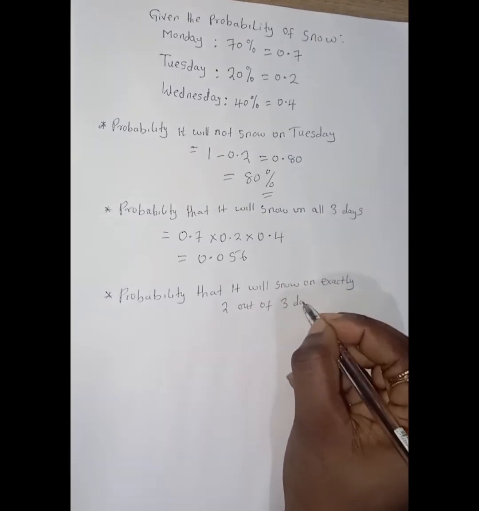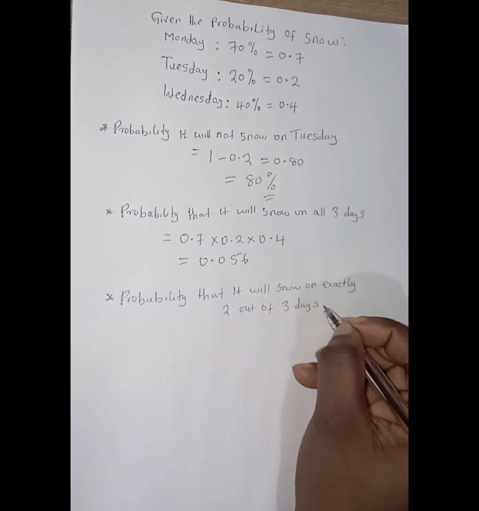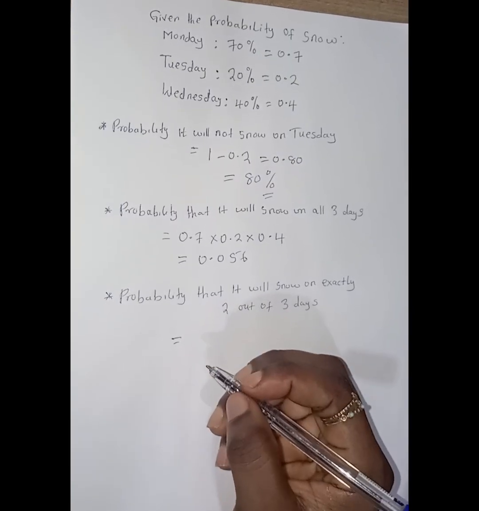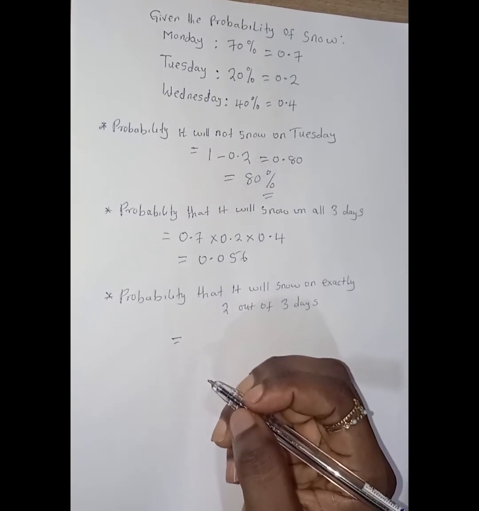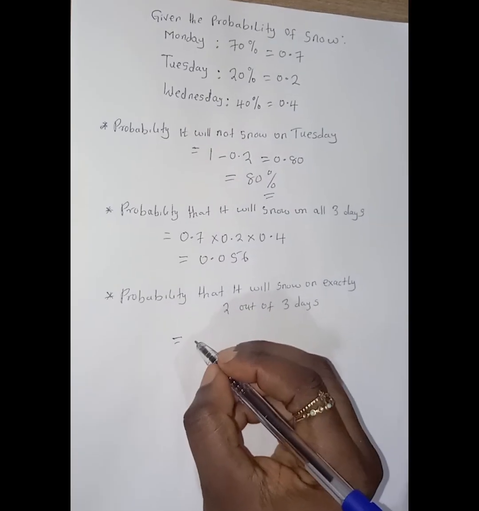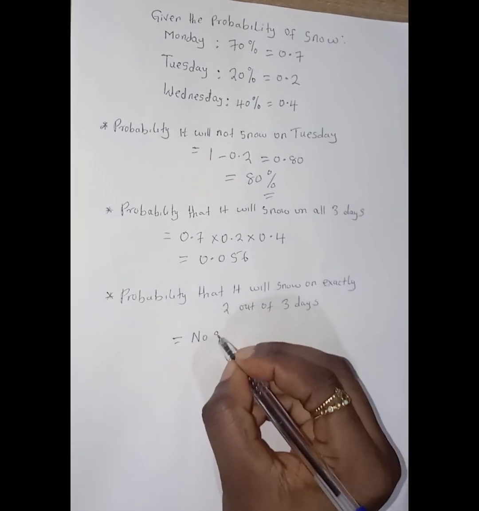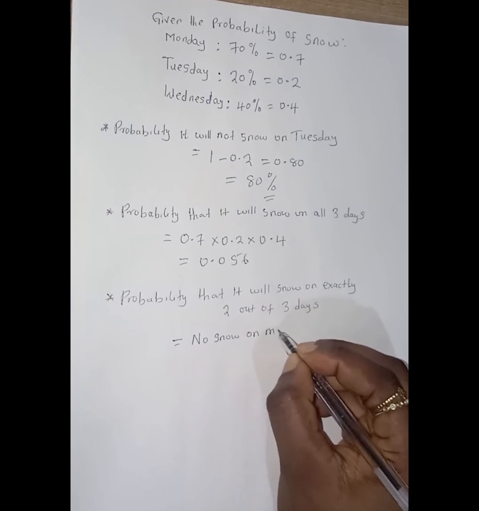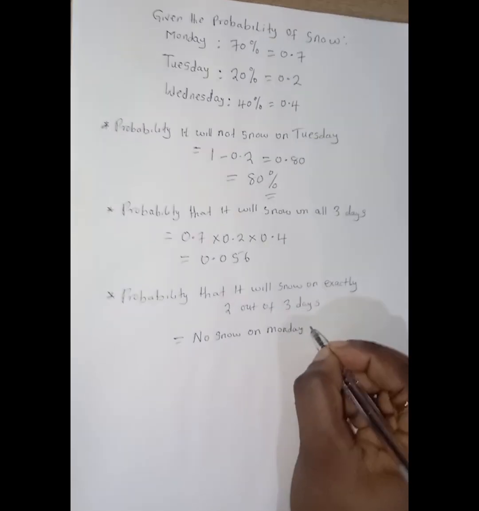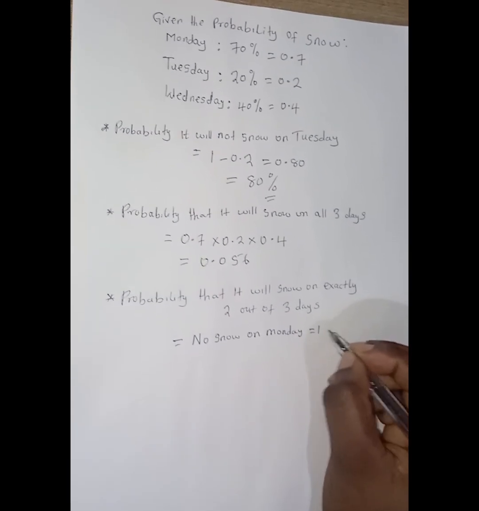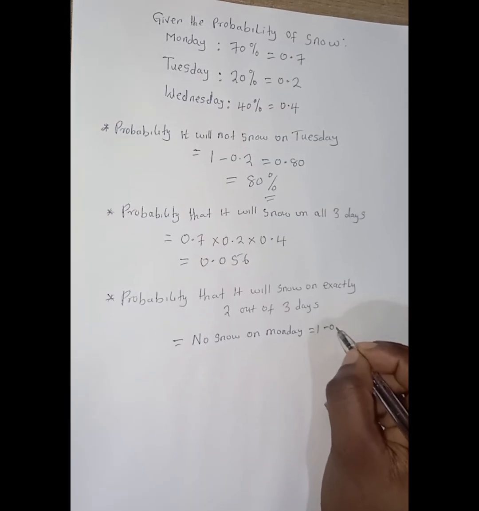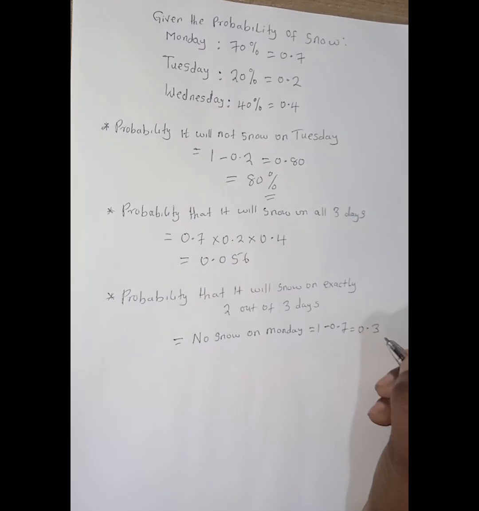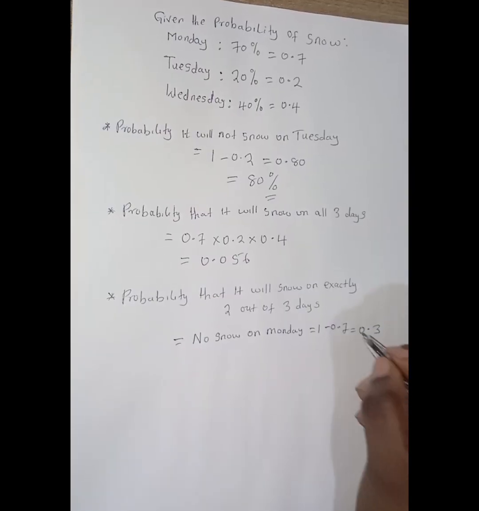So to solve this, we're going to first solve the probability that it will not snow on Monday, it will not snow on Tuesday, and it will not snow on Wednesday. The probability that it will not snow on Monday is 1 minus 0.7, which is 0.3.